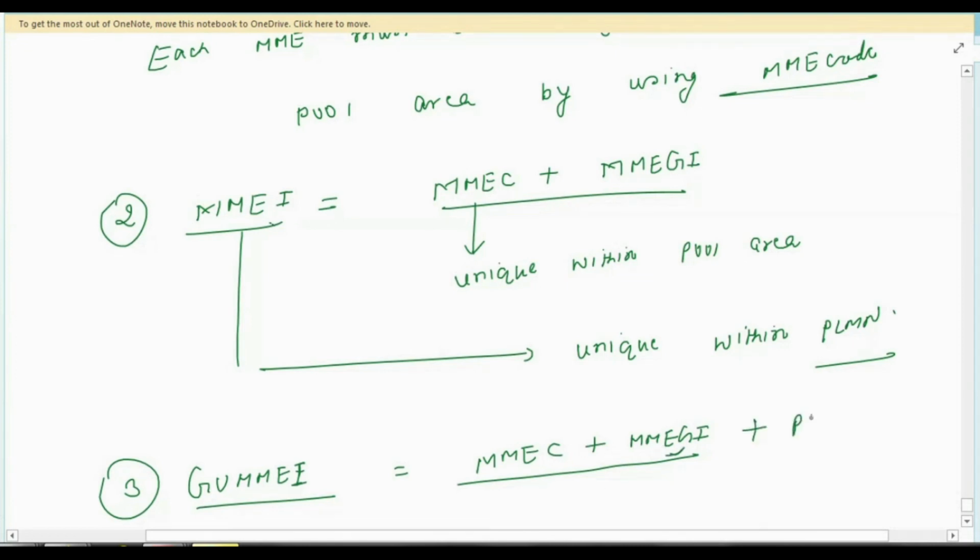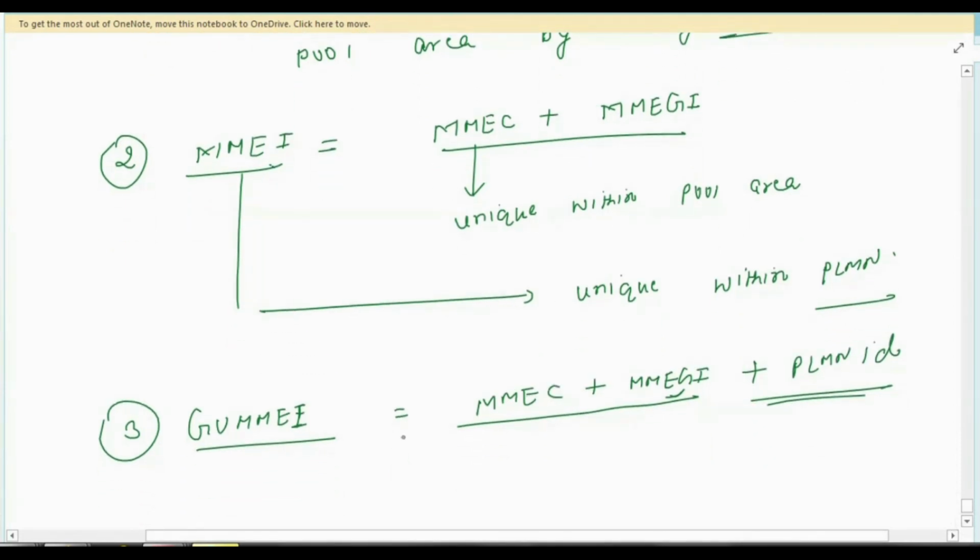Then add the PLMN ID. The PLMN ID is worldwide unique for each. That is called the GUMMEI, globally unique. GU means globally unique. So these are the three different types of identity to uniquely identify the MME. Clear?